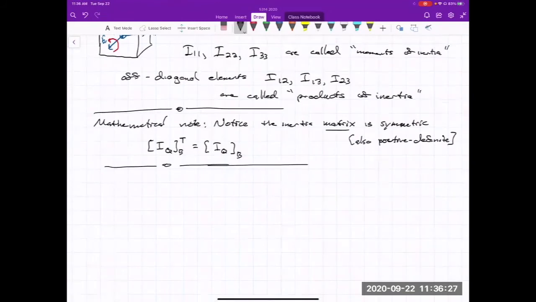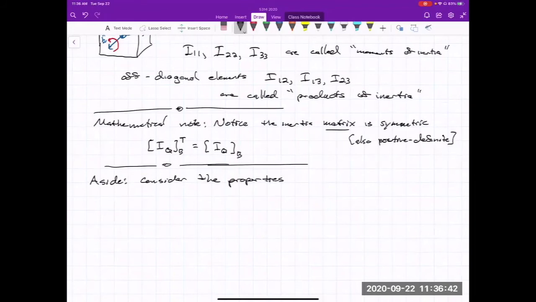Here's another mathematical aside. I want you to consider the properties of a symmetric matrix, a 3x3 symmetric matrix.